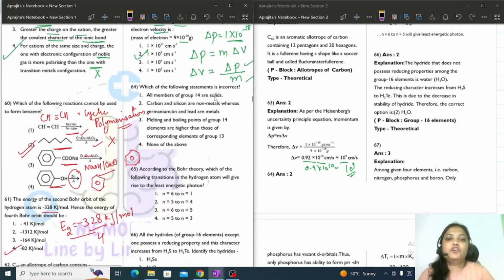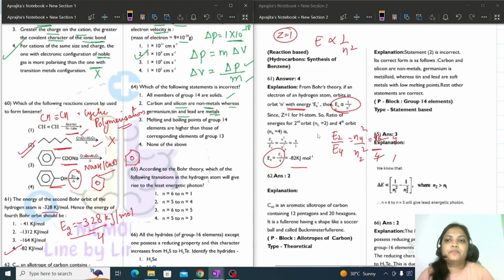Question 64, which of the following statements is incorrect? All members of group 14 are solids. This is true. Next, carbon and silicon are non-metals, whereas germanium, tin and lead are metals. Carbon and silicon are non-metals, but germanium is not a metal, it's a metalloid, whereas tin and lead are soft metals.